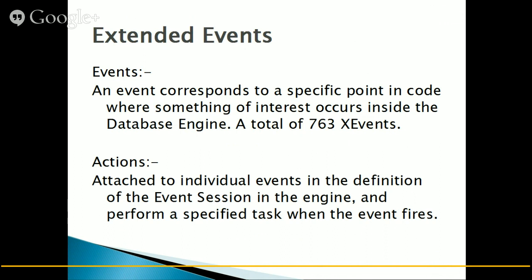An event is a specific point in the code where something of interest occurs inside the database engine. The database engine obviously has its own flow of execution. At that point something meaningful happens and we want to track it, so that is referred to as an event. In SQL Server 2014 there are a total of 763 extended events.